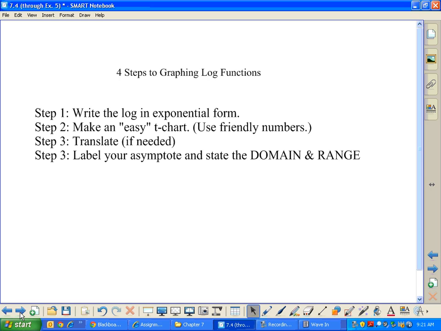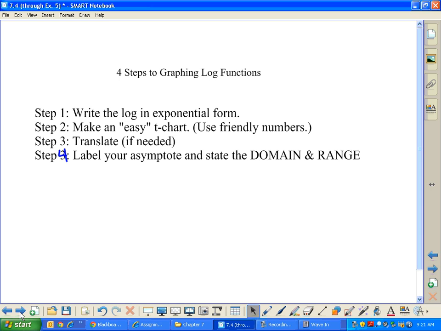In general, these are the 4 steps we're going to use for producing graphs of logarithmic functions. So step 1, we're going to write the log in exponential form because it's easier to come up with numbers for a t-chart that way. It's supposed to say step 4. So there are 4 steps. Step 1, you're going to write the log in exponential form.